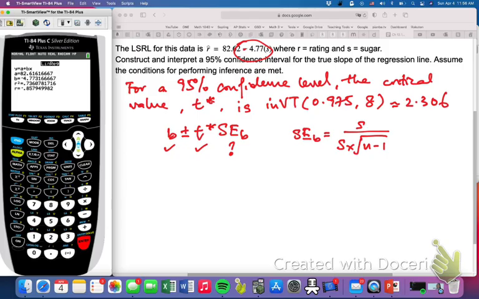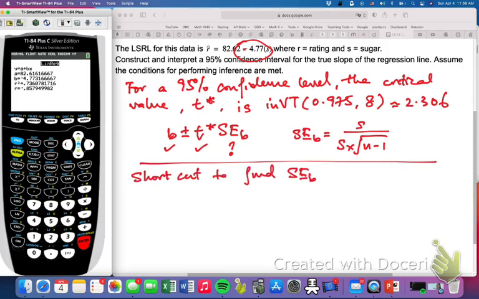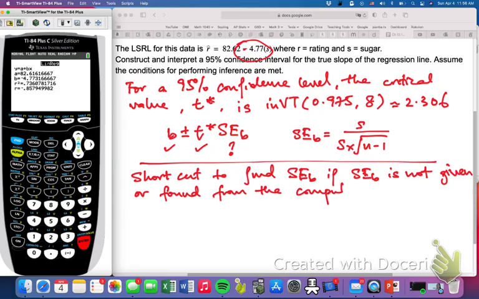So there is a shortcut, a way to cheat, if it's not given. Sometimes it's given to you and sometimes you have to find it from the computer output.